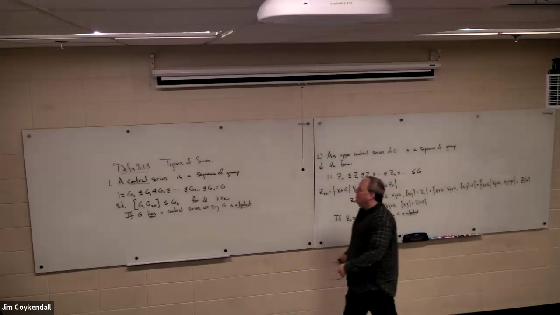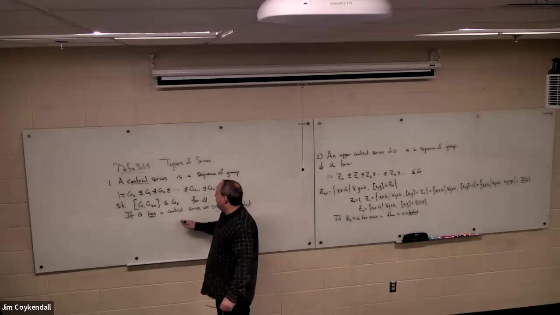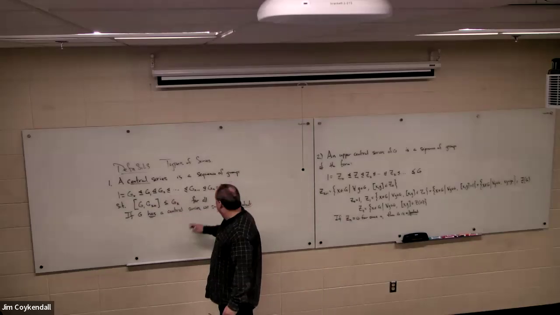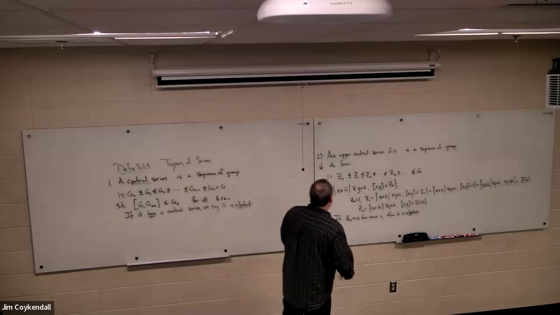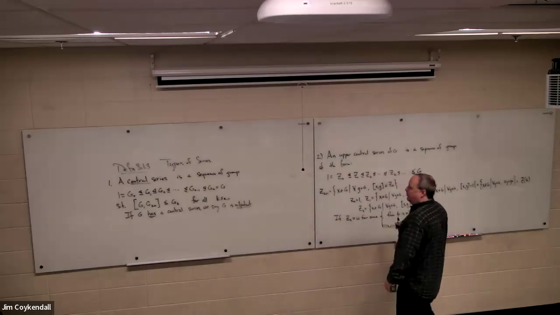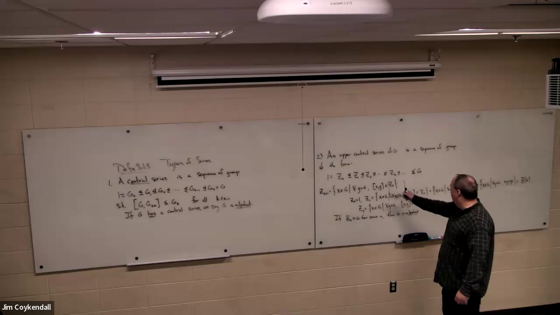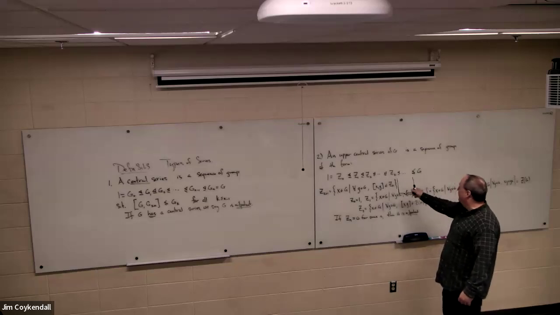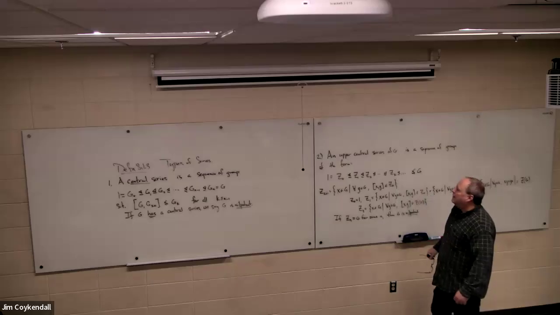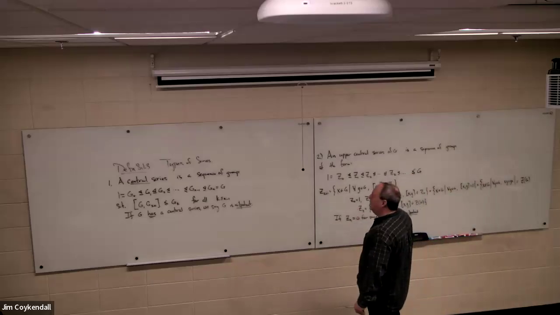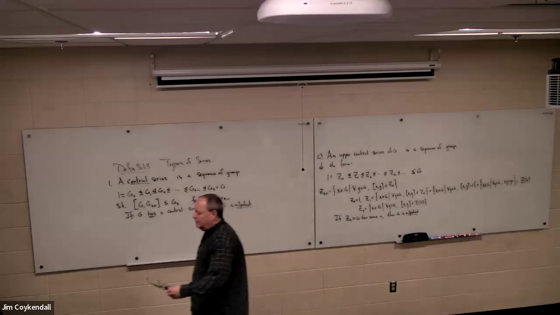Okay. So if G actually has a central series, which is when we build this way, then it's nilpotent. And on the other hand, if we build this upper central series, so, in fact, let's look at what happens here. Let me clarify this.